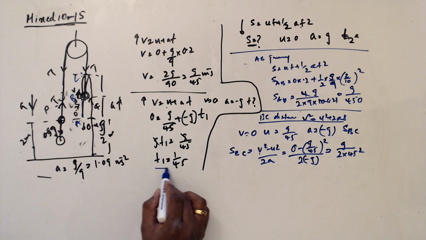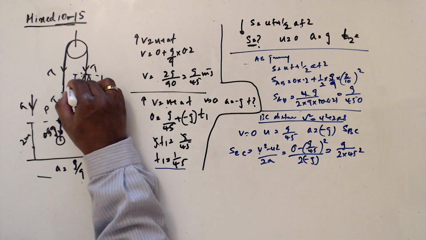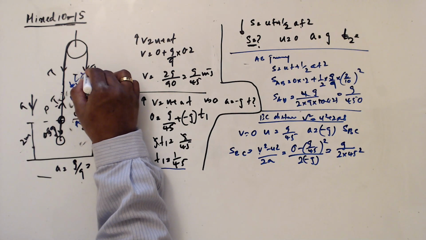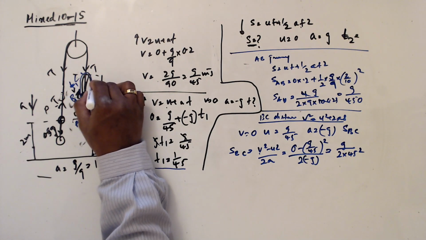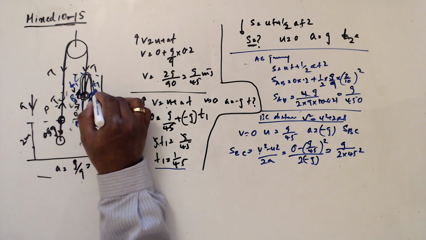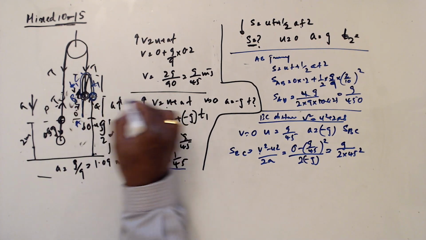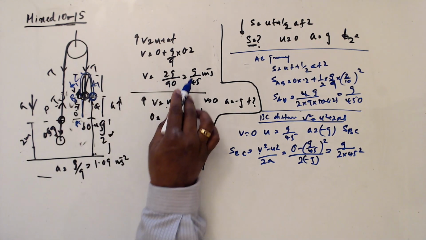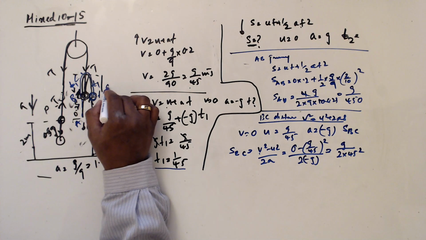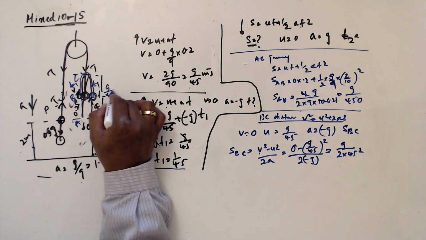So then this is T1. We found out this time T1 from here to here, and the same time it will come to here again, another T1. And the speed at this place, we found out, in this direction is g over 45. Then when it comes down, also g over 45 downward.